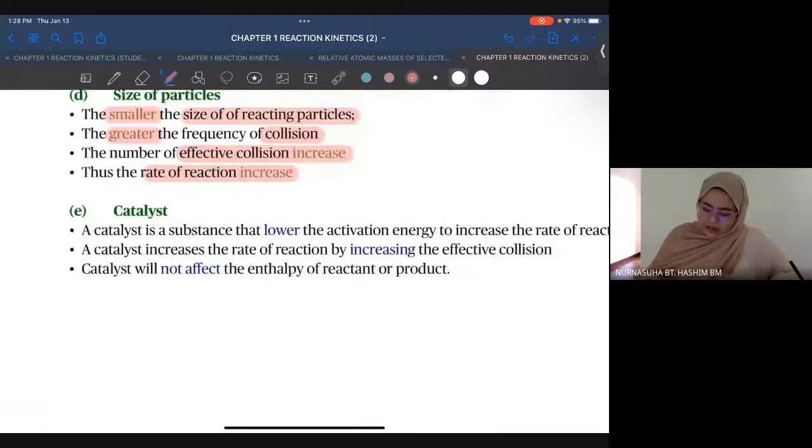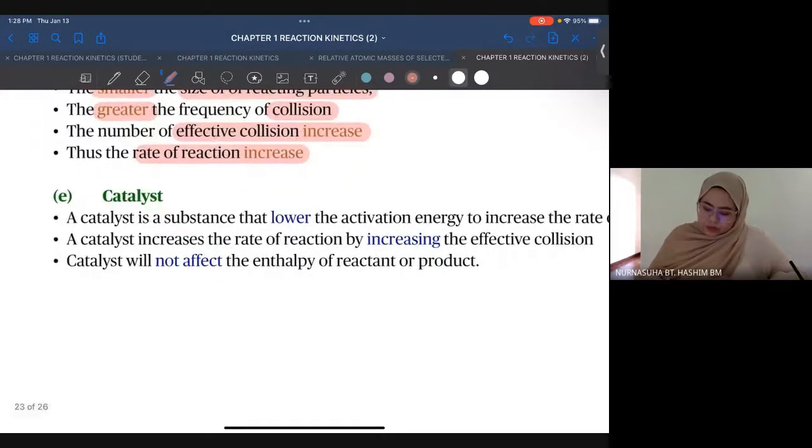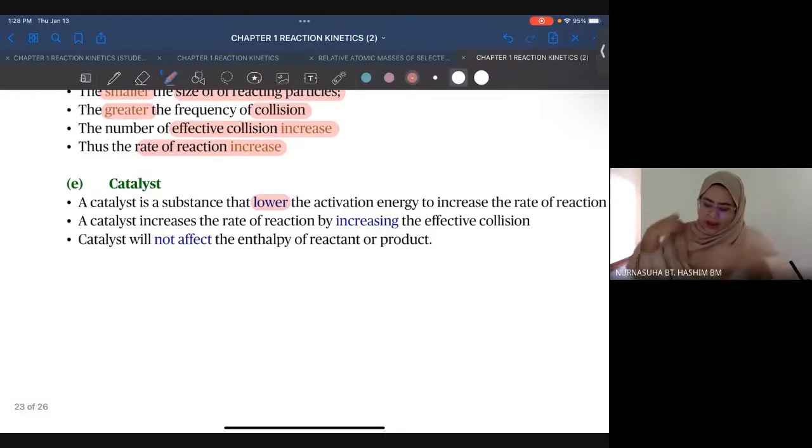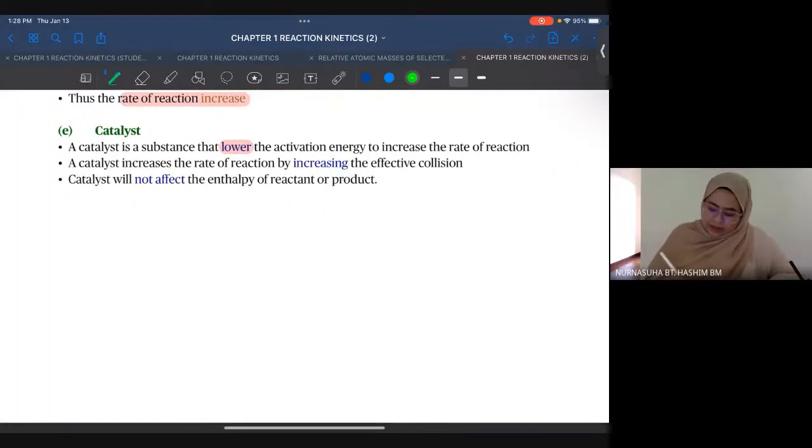Okay, last factor is catalyst. Catalyst is a substance that lower the activation energy. Catalyst adalah satu substance, bahan di mana dia punya fungsi adalah untuk rendahkan bukit tadi. Kan tadi, let's say lah, this one is endo. Okay, so reactant.